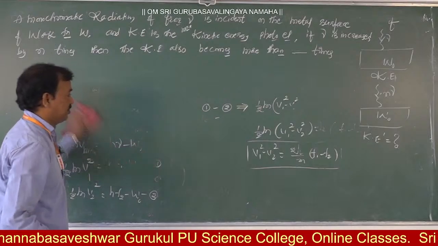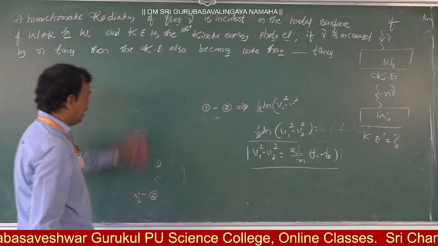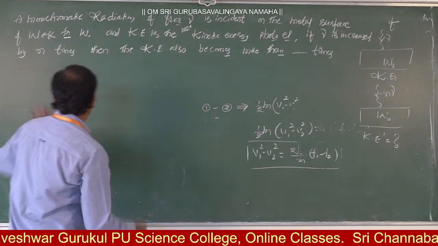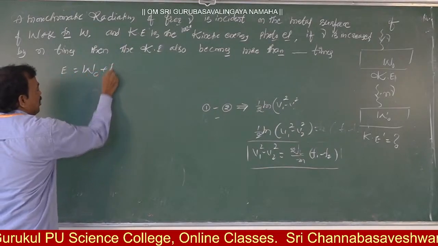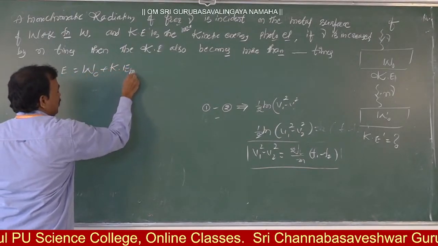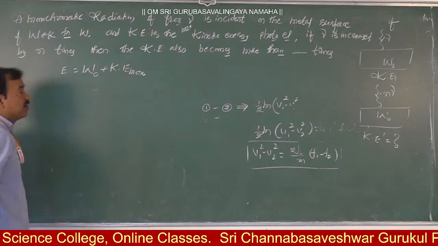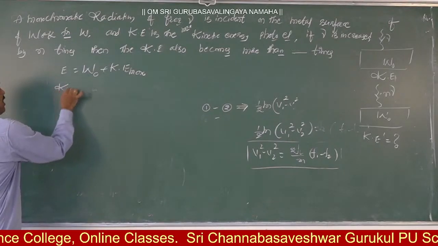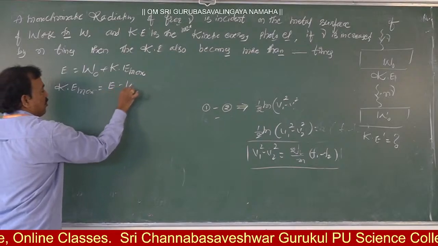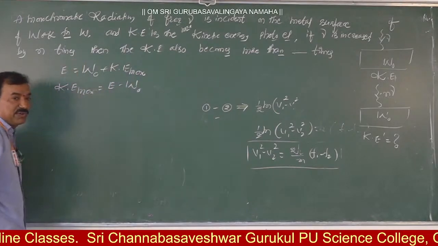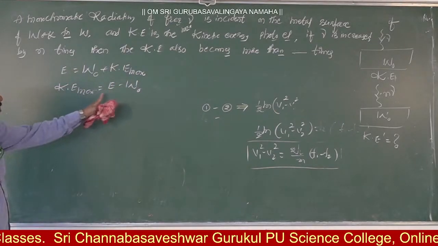So this kinetic energy KE, what is that equation here? Energy E is equal to W naught plus KE max. Here KE max is equal to E minus W naught, where E is equal to h nu.